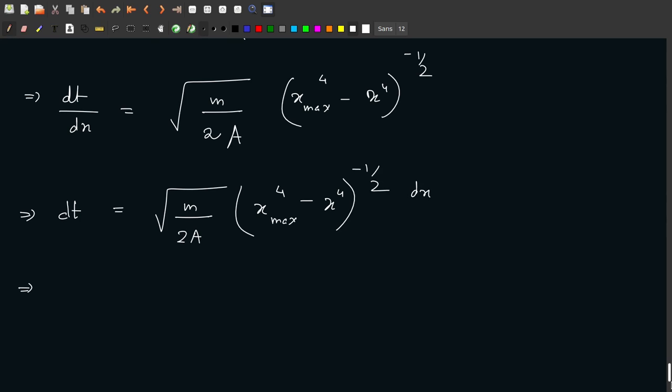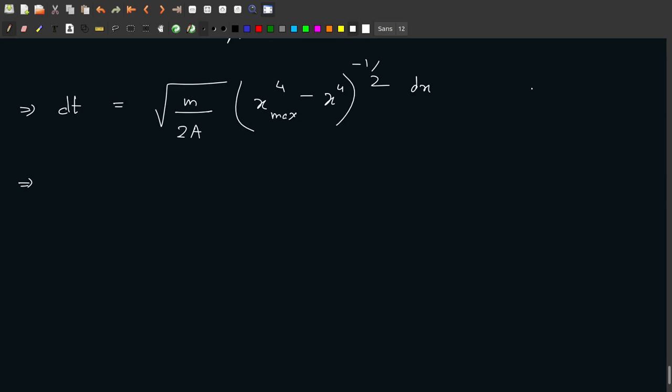So now what we do is we calculate the time period. Okay, so you have the block of mass m, in the limit of x by L much less than 1, the potential energy of the configuration goes like a into x to the power 4, and we are trying to find out the time period.